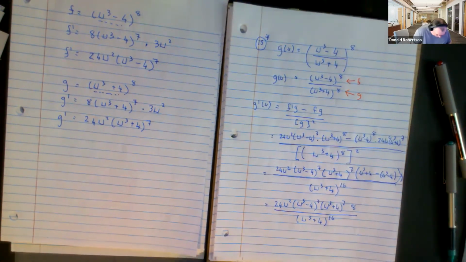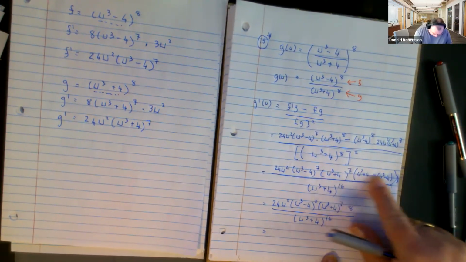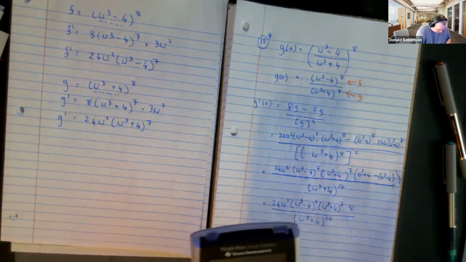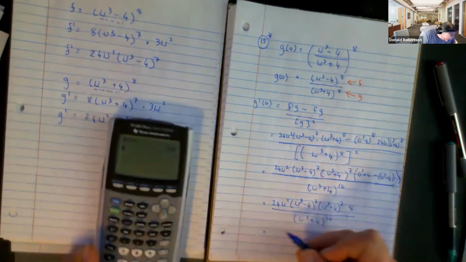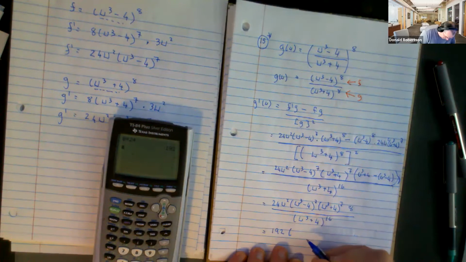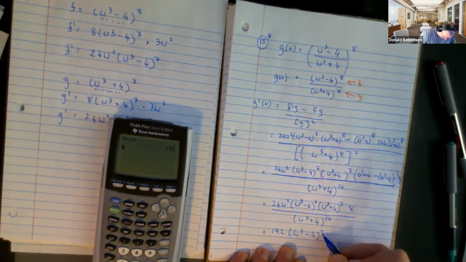Two things happening here. The first thing, that when you put these together, they essentially cancel out and leave an 8, and you've got a 24 over there. So those can be combined, and 8 times 24 gives me 192. And I have a u cubed minus 4 to the power of 7.